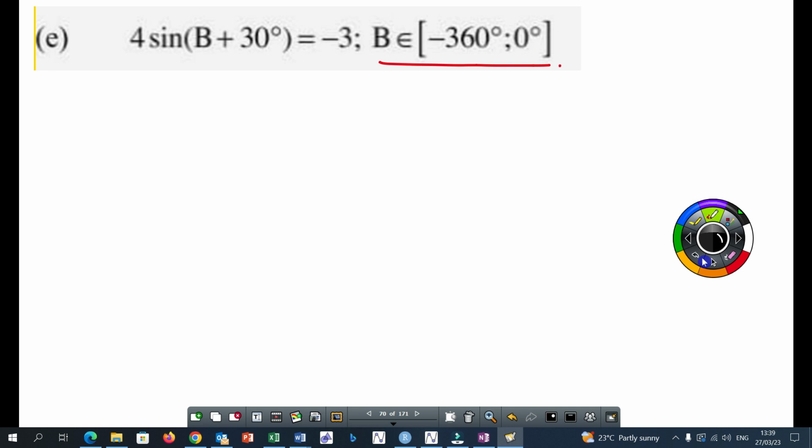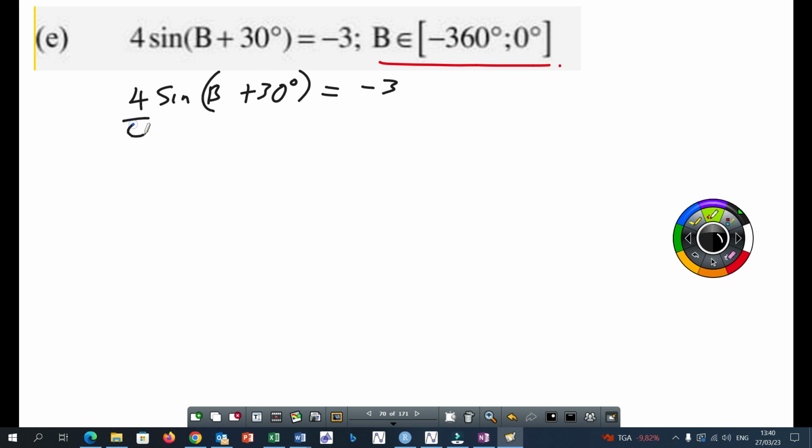Alright, so first thing we need to find the general solutions, then we will use those two general solutions to determine the two exact values of b.